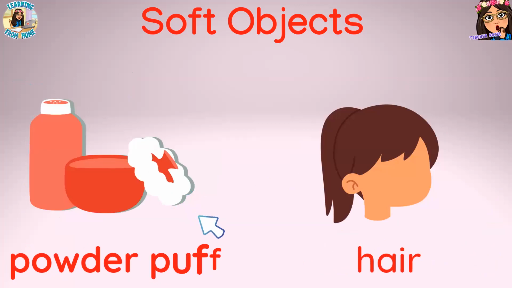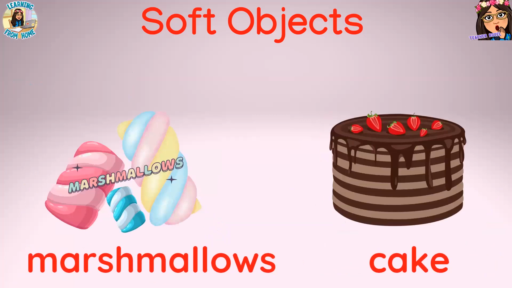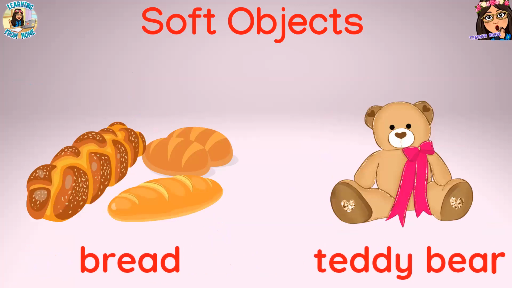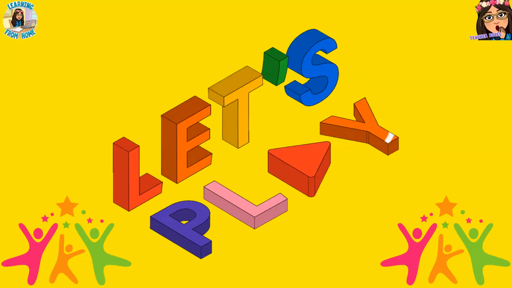Next, powder puff and of course our hair. Next, marshmallows and cake. Next, bread and teddy bear or our stuffed toys. Next, our sofa and the clothes that we wear. Okay, so those are some examples of soft objects.